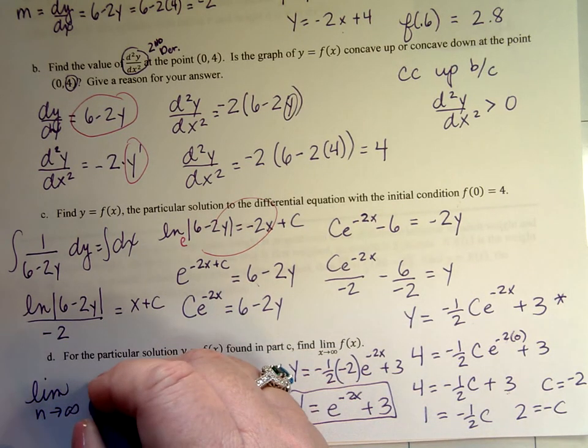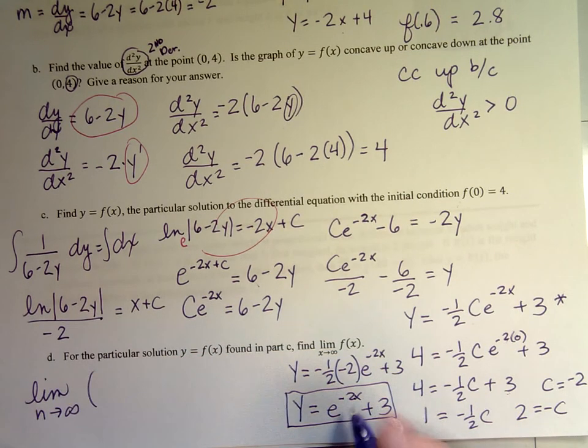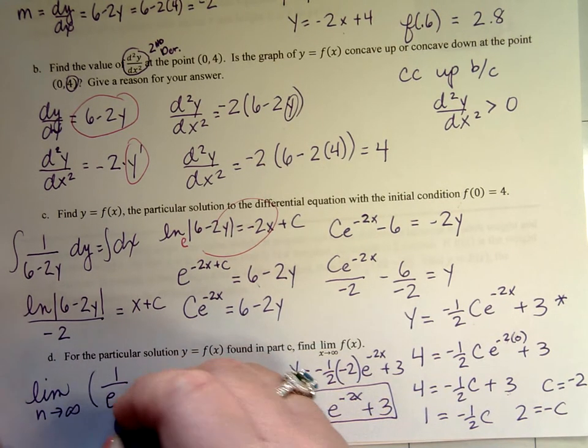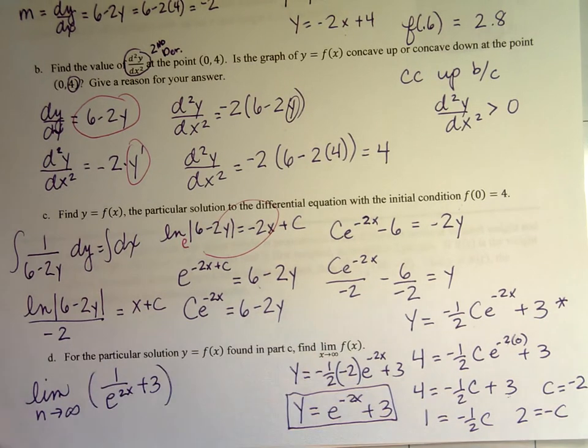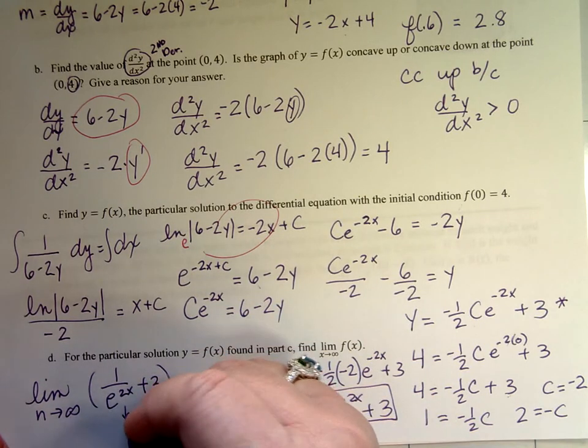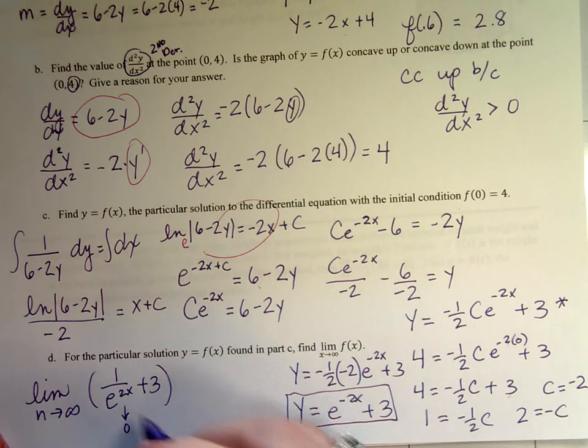E to the negative 2x is like 1 over e to the 2x, plus 3. So that when I plug in the infinity, it's going to make a little more sense. If I put infinity in here, 2 times infinity is infinity. E to the infinity is a really big number, but it's 1 over that, so really this is like 0. So this becomes a 0 when I plug infinity in, and 0 plus 3 is 3.